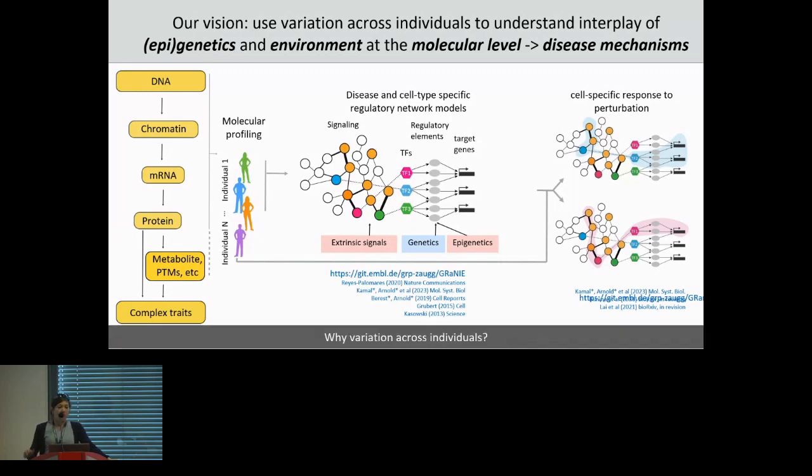So we use variation across individuals, and I just want to briefly motivate why. When you generate a network, it's always important to understand what the edges of your network actually represent. In our case, it's really variation, covariation across individuals.